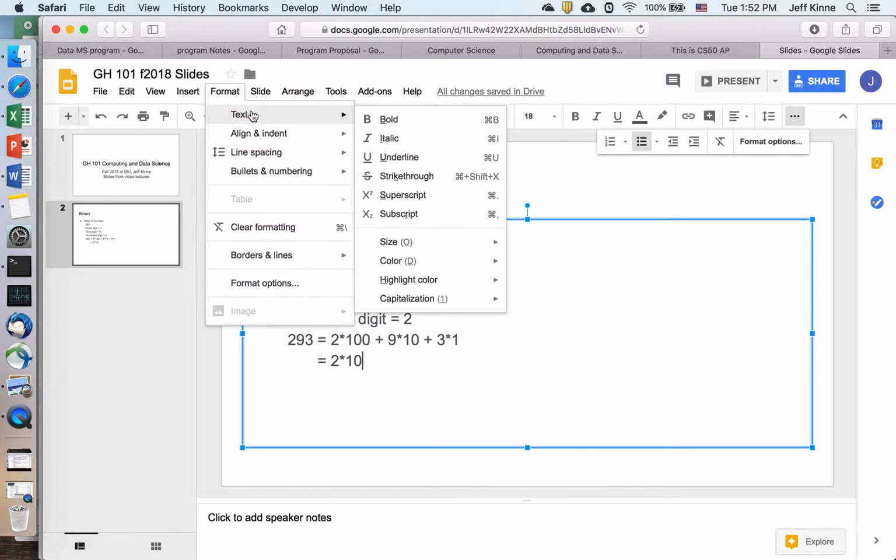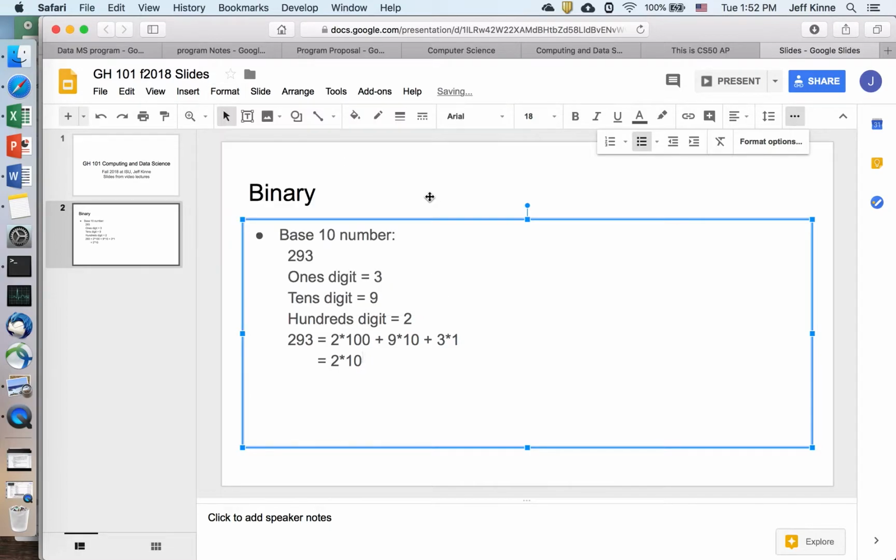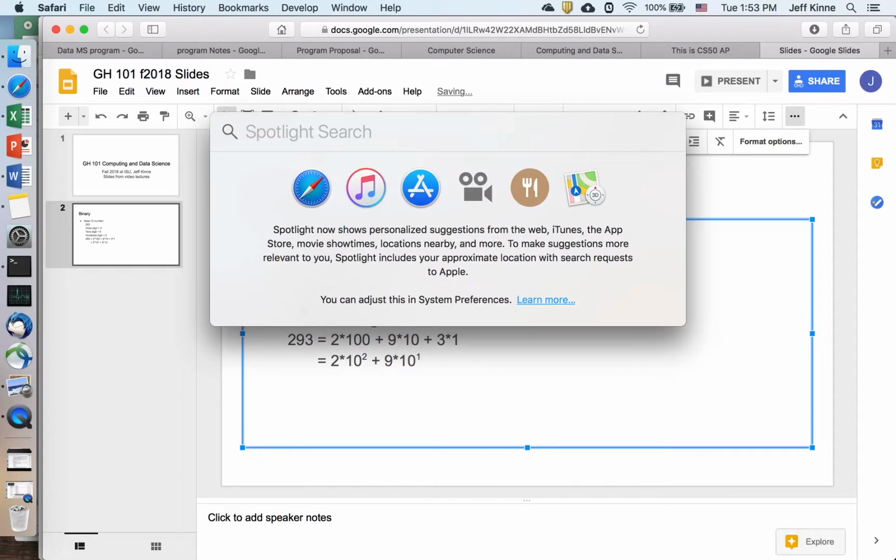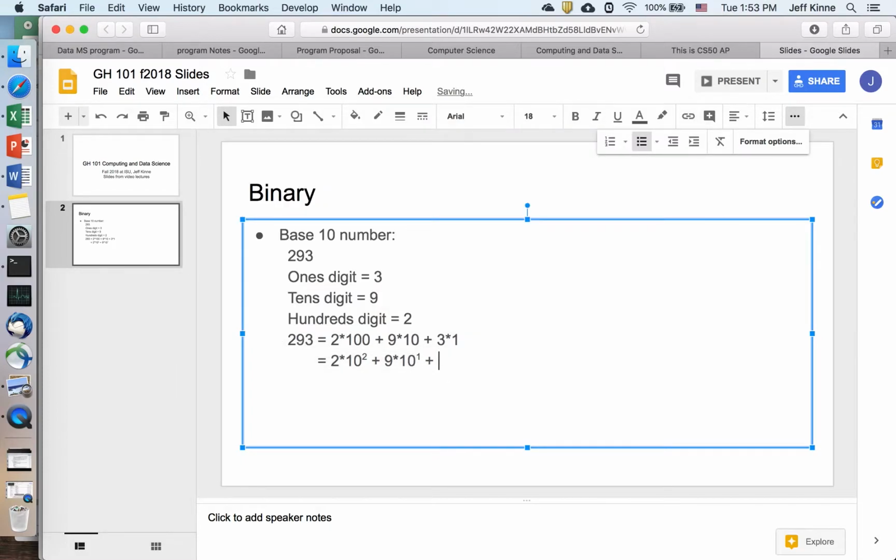And I want to make this look good, so superscript. 100 is 10 squared, and then plus 9 times 10 to what power? 1. And then plus 3 times what power of 10? 0. 10 to the 0 is 1.